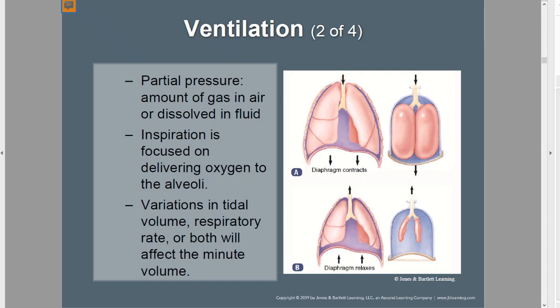Usually gases like oxygen are going to move from that higher pressure to an area of lower pressure until the pressures are equalized, and that's pretty much the same definition as diffusion, right? It's just how it happens, really.